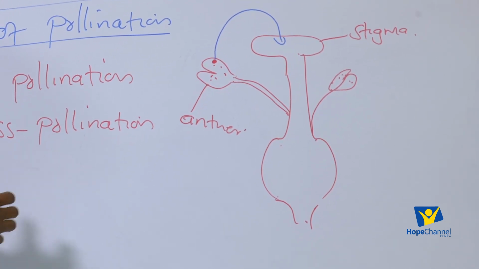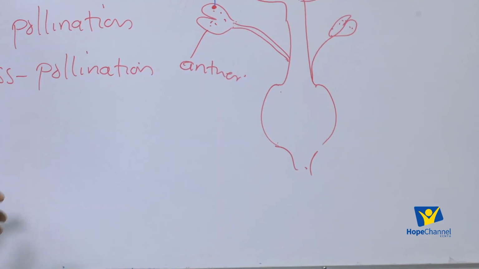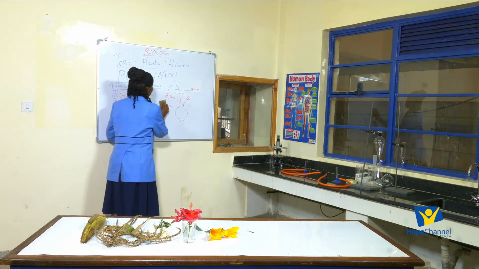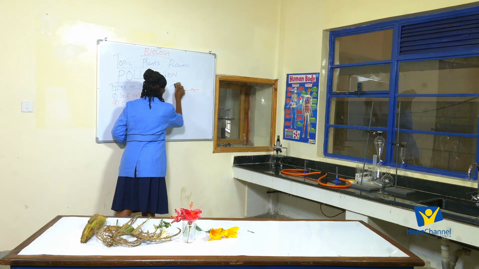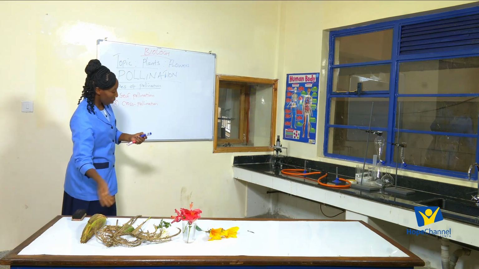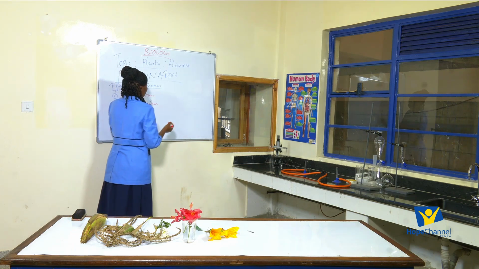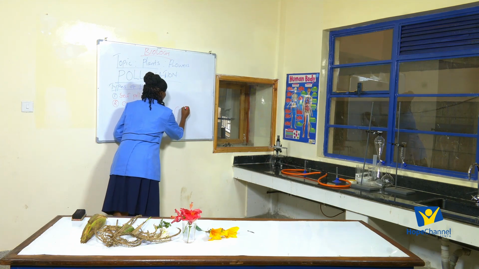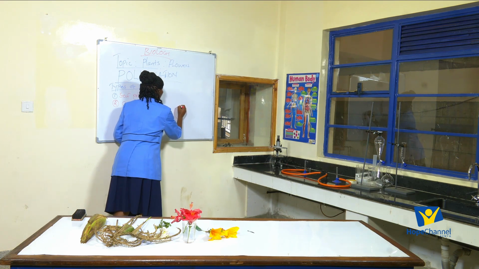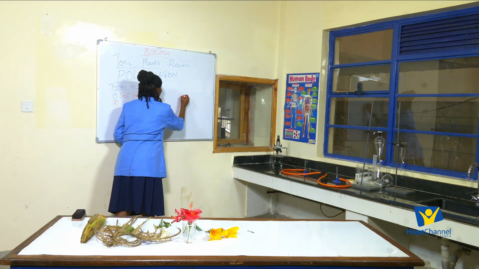Mostly, the flowers that are likely to have self-pollination have the anthers above the stigma. For example, if this is the flower, of course we have the ovary, then the stigma.